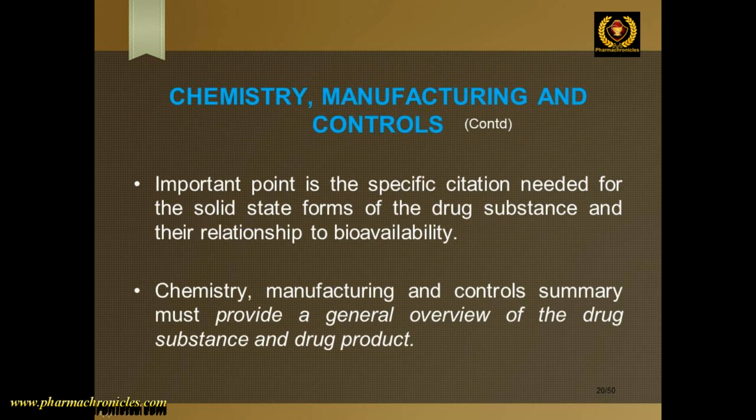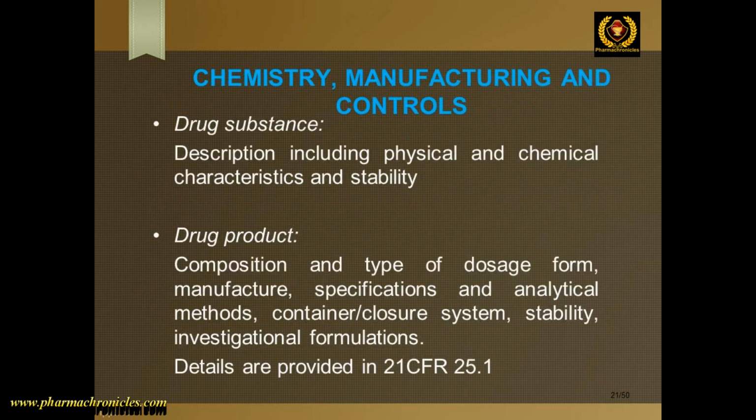Chemistry, manufacturing, and controls. An important point is the specific citation needed for the solid-state forms of the drug substance and their relationship to bioavailability. The chemistry, manufacturing, and controls summary must provide a general overview of the drug substance and drug product. Drug substance: description including physical and chemical characteristics and stability.